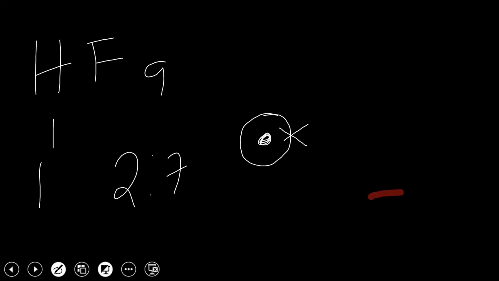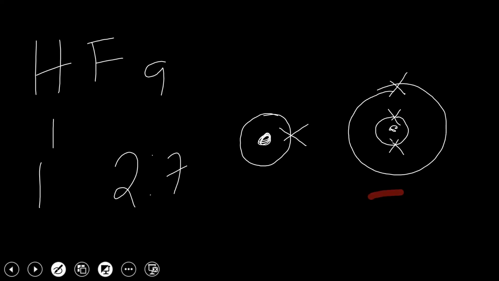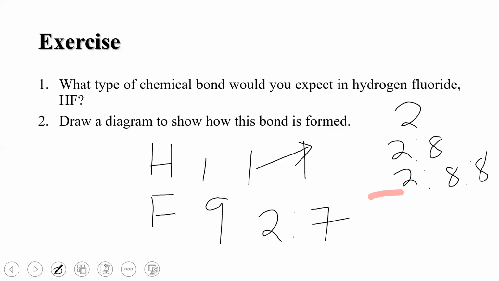Then if this is fluorine, and this is the nucleus, the inner shell takes a maximum of 2. Then the other one takes 7: 1, 2, 3, 4, 5, 6, 7. So this one needs 1, also this one needs 1. So what they do, they come together and join. After the combination, you are going to form something like this.